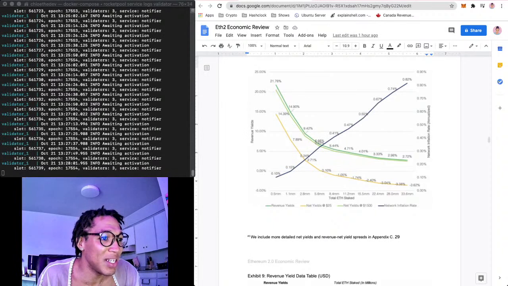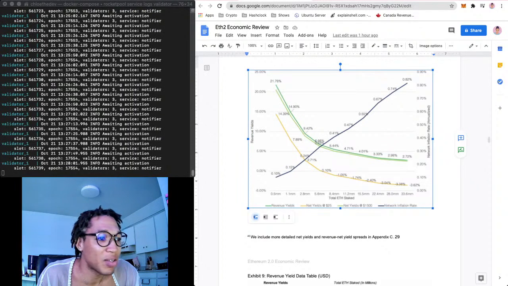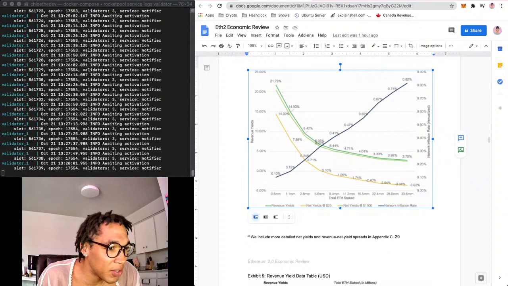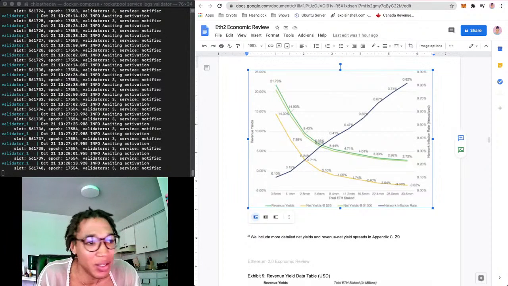This green line in this graph represents the revenue yields. The green line right below it is the net yields with ETH at $1,500. And the yellow line below that is the net yields with ETH at $25.